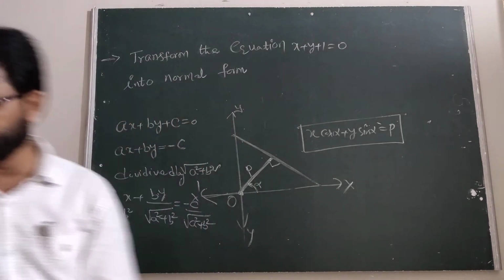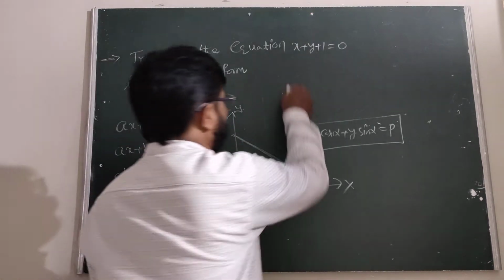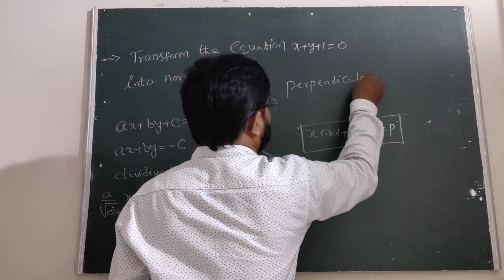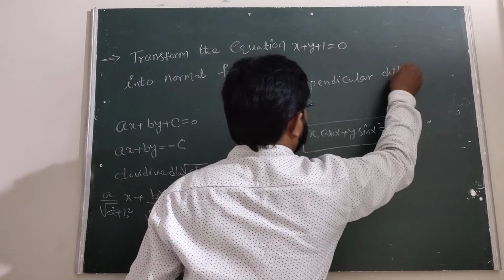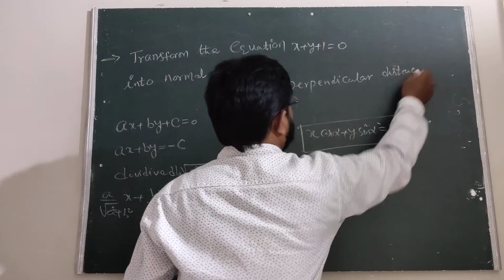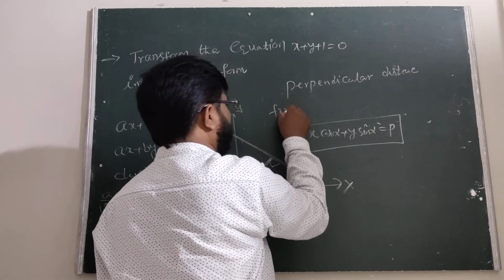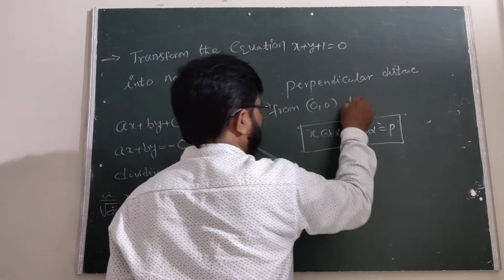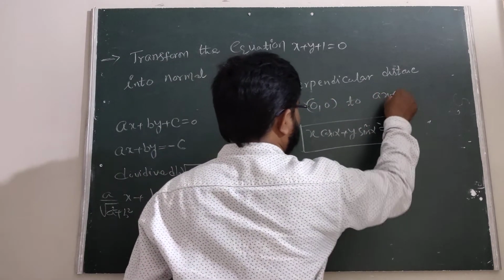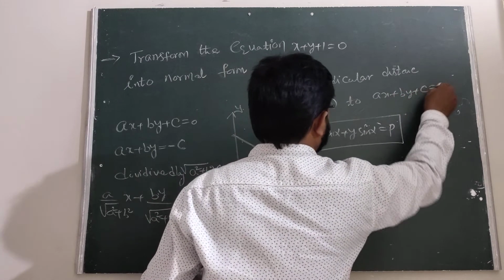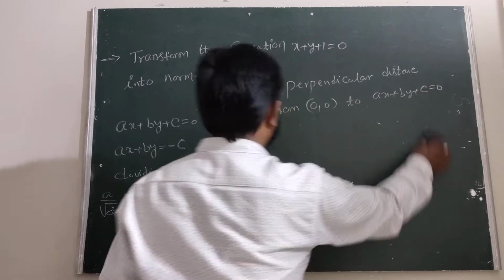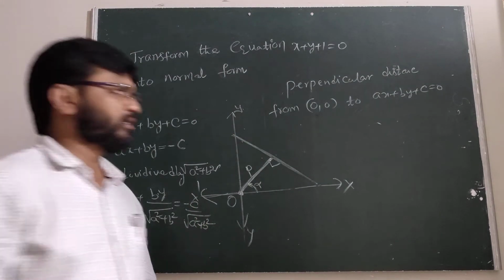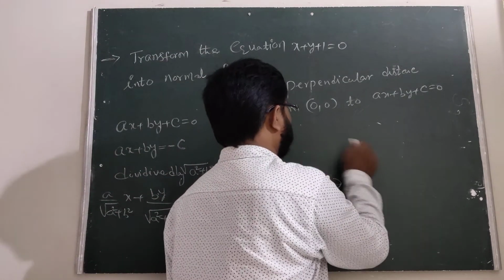All of you listen here. The perpendicular distance from origin to the line ax plus by plus c equal to 0. So we got one time minus c and another time plus c, that's why the distance is always positive.